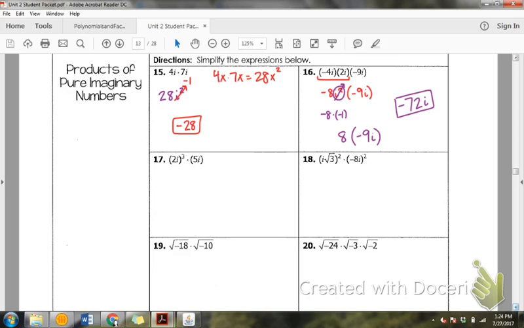I want you to do 1 through 19 odd, but you may skip 7, and you may skip 13, but I want you to add in number 10. So that was kind of weird.